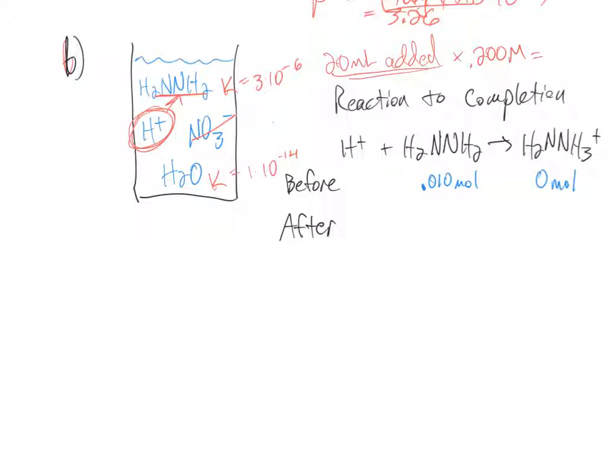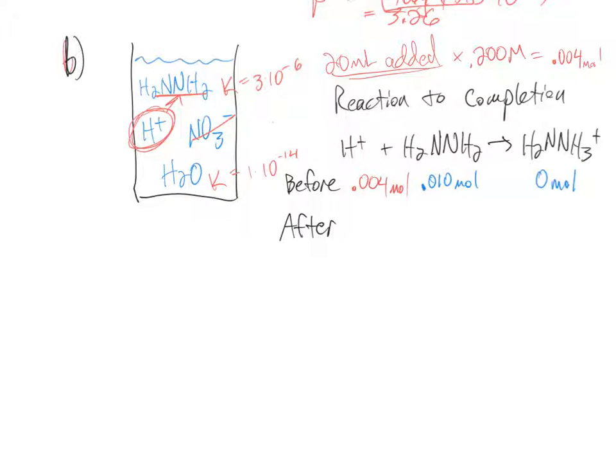If you convert 20 milliliters into 0.02 liters and then multiply that by 0.2, you arrive at 0.004 moles. So for this reaction to completion table, it's 0.004 moles of hydrogen initially.